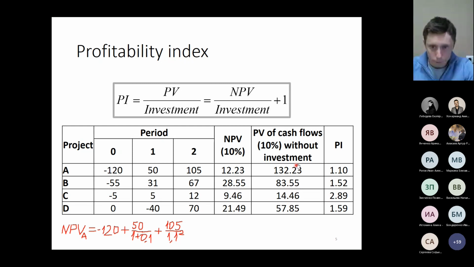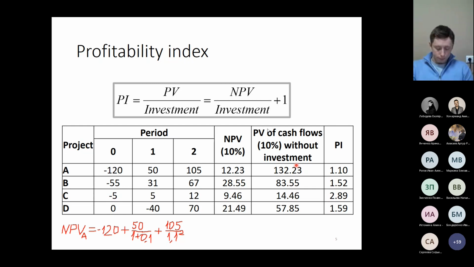Can I have a question? And how in this case we will count PV? By which formula? Can you remind, please? No, PV is just the more general term. NPV is one particular type of PV, of present value. So present value, it can be.